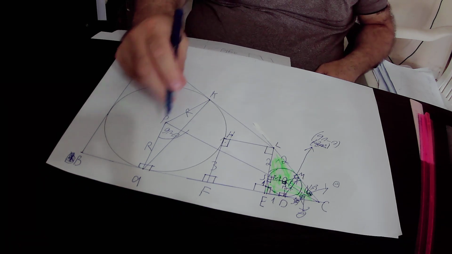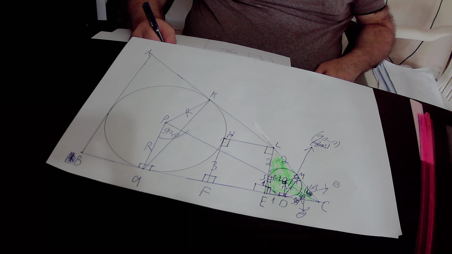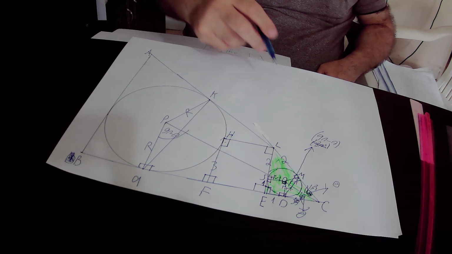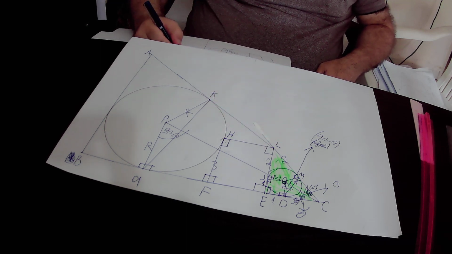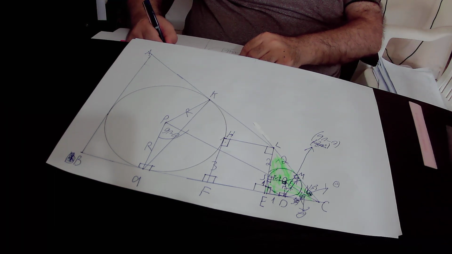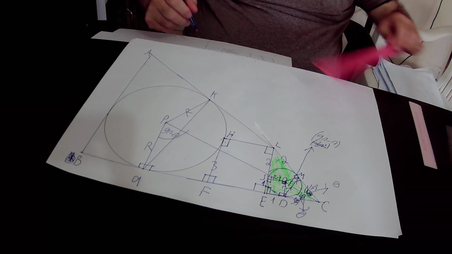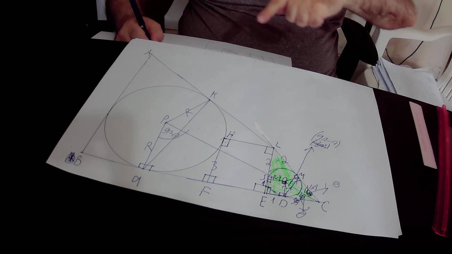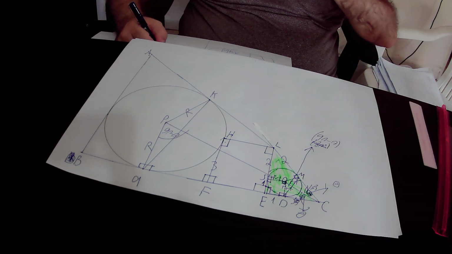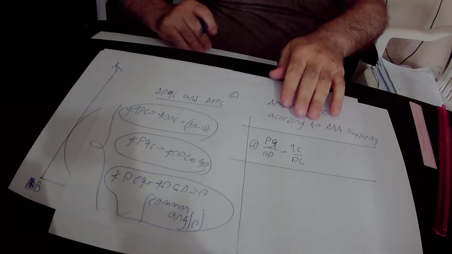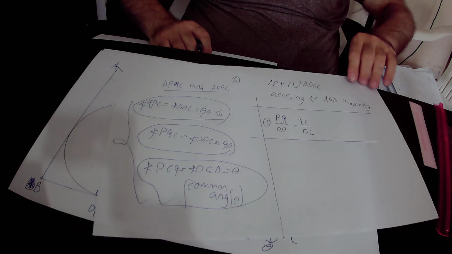PQ in the big right triangle over OD, the small green right triangle, is equal to QC in the big right triangle over DC in the small green right triangle. I repeat again, we conclude that PQ over OD equals QC over DC.